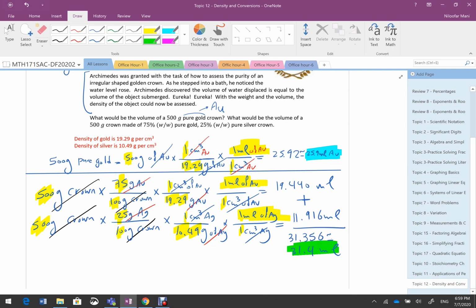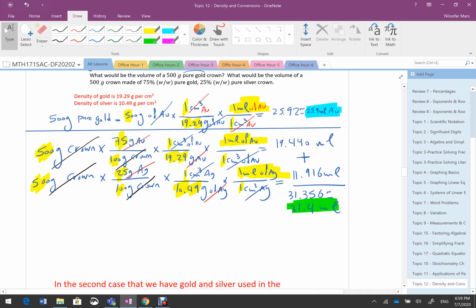If the volume is more than 25.9, I can say it's not all gold. It is partly silver, and the fact about the goldsmith is not just something we assume. Yes, it happened.